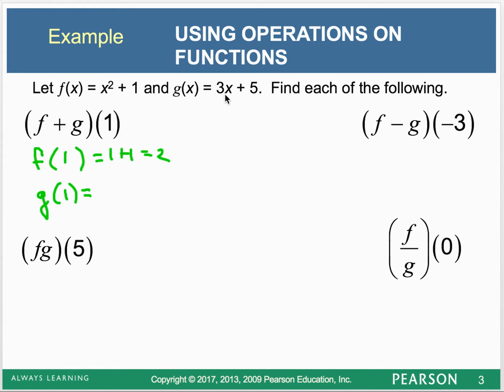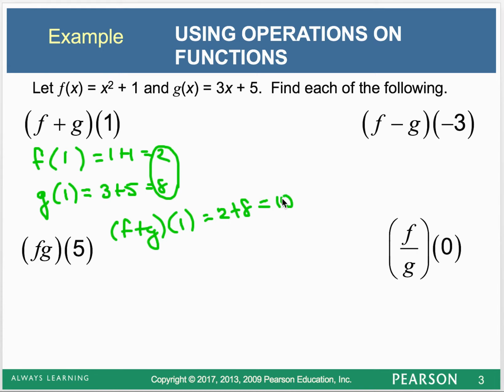If I plugged a 1 in here, I'd have 3 times 1, so 3 plus 5, or 8. And then add them together. So f plus g of 1 equals 2 plus 8, or 10. So if we have a numeral, that's one option. We can just evaluate each one individually.